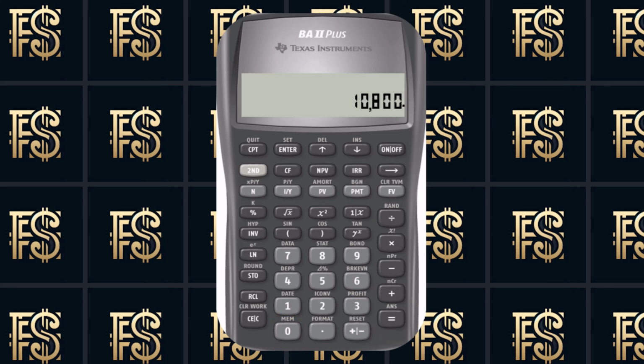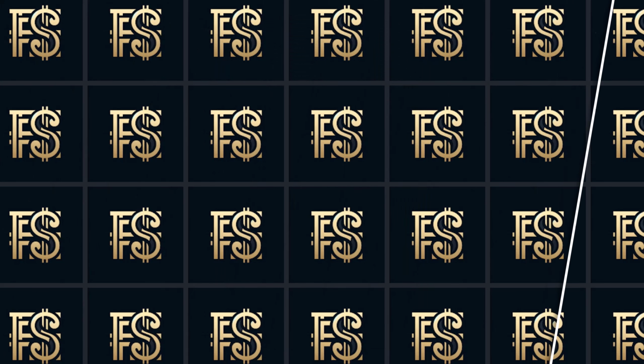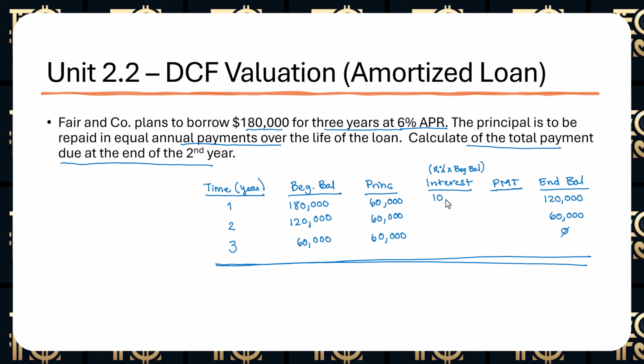That's the amount of interest that would accrue on this loan by the time they make their first payment at the end of year 1. That means that the firm will pay $70,800 for their first annual payment in this example.